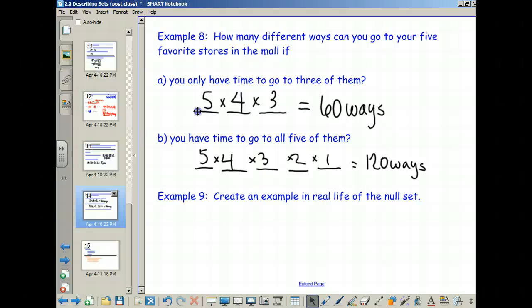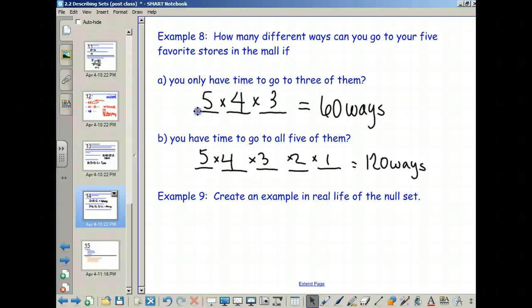Describe something like that. I'm going to give you an example, and then you have to describe something after my example in your life. My example of a null set is the set of teenagers living in my house.